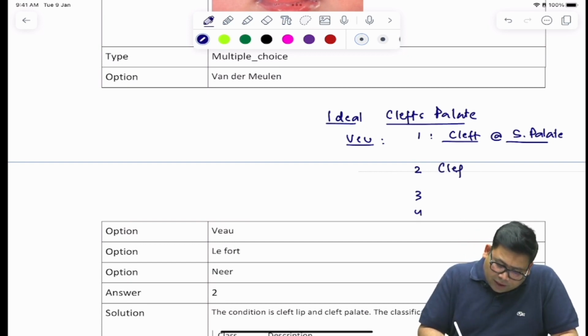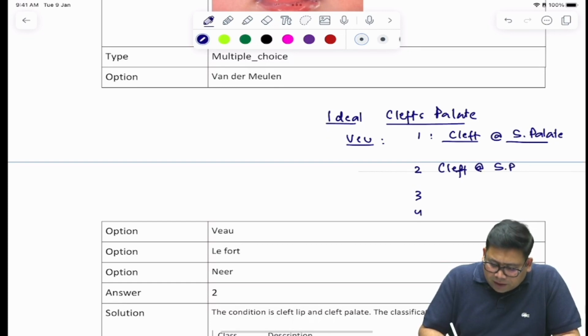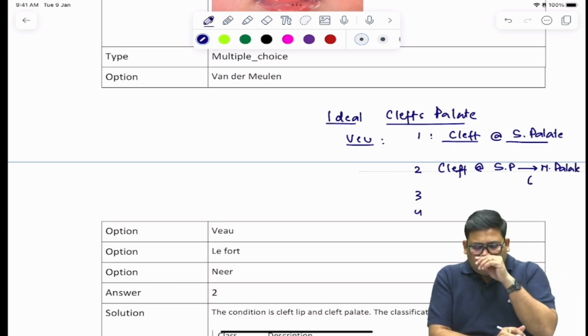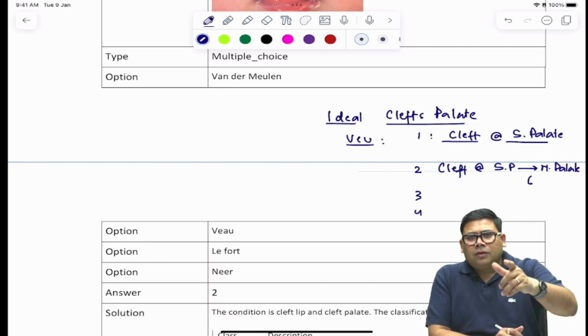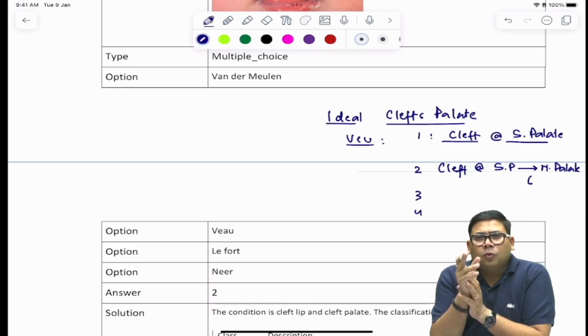Veau 2 is the cleft of the soft palate extending up to the hard palate. But remember, the hard palate has 2 parts: the primary hard palate and the secondary hard palate.